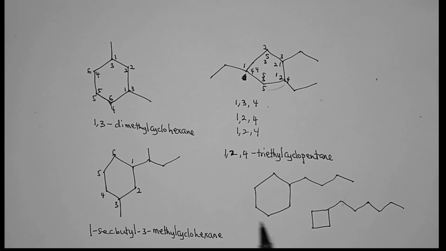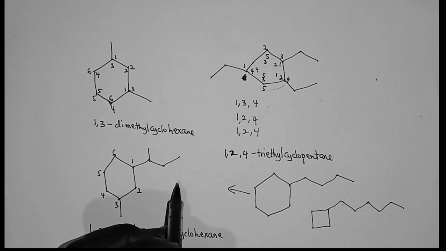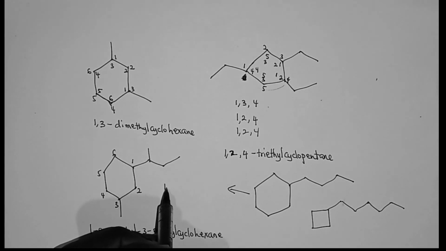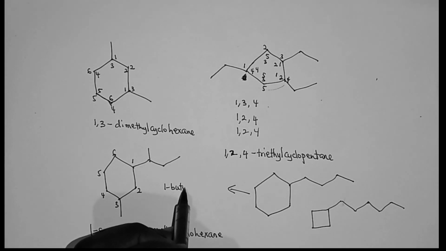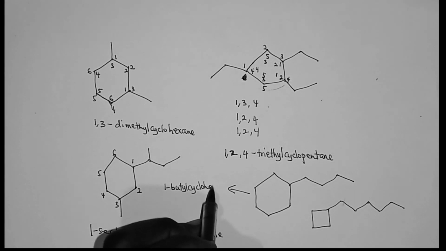And then the ring is a 6-membered ring, and that is cyclohexane. And therefore, let me write the name here. The name of this compound is 1-butyl cyclohexane.